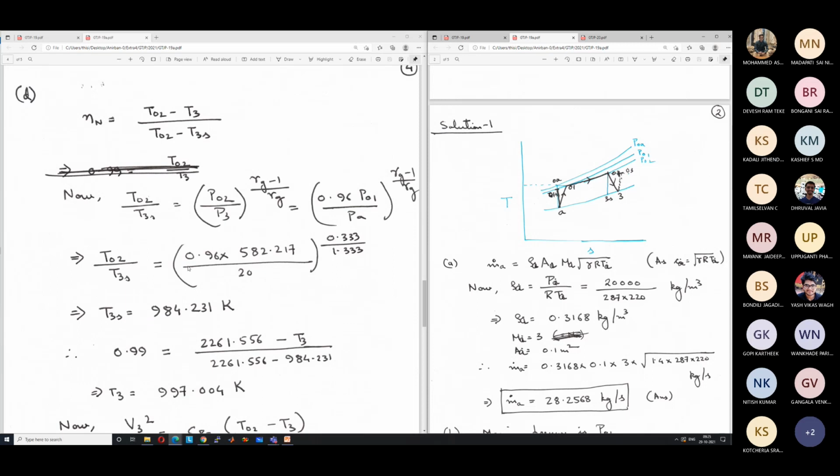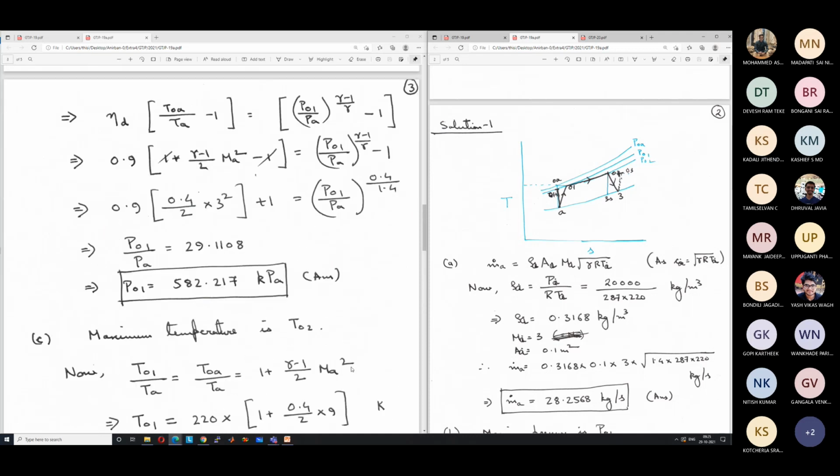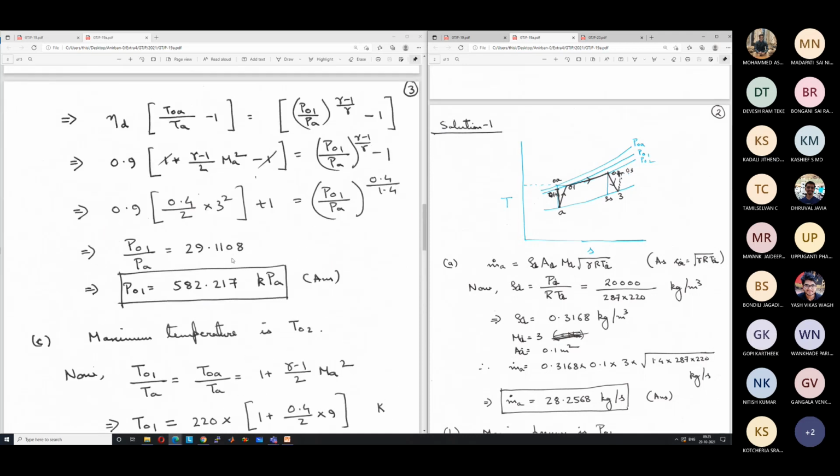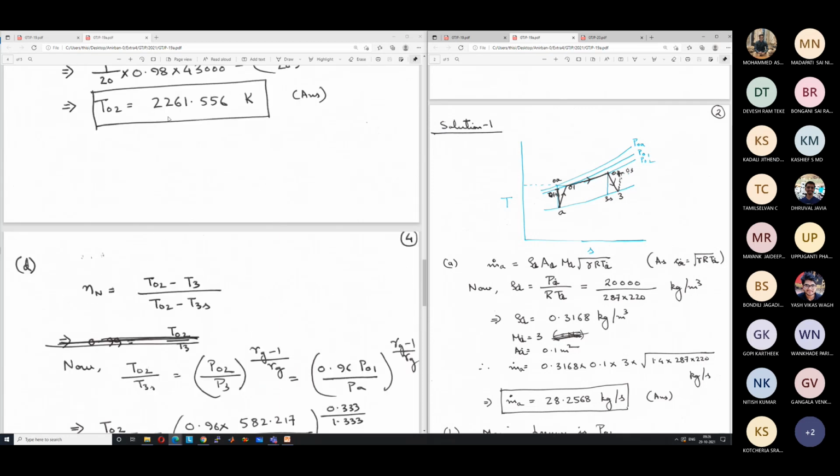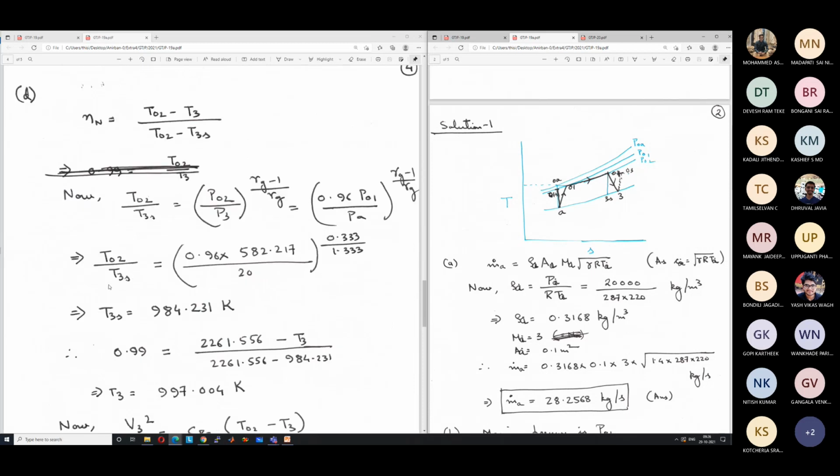You can replace the values. 0.96 into P01 by Pa, which we have already calculated as 29.1108. You can directly replace the value: 0.96 into 29.1108 whole to the power 0.333 by 1.333. And T02 we have also calculated, 2261.556. So this gives us a value of T3s, which is 984.231 Kelvin.